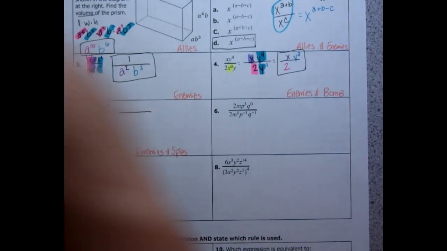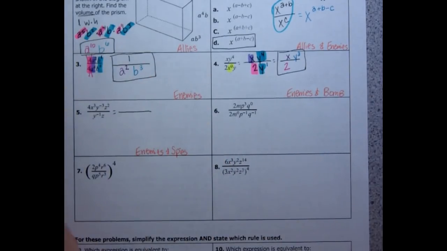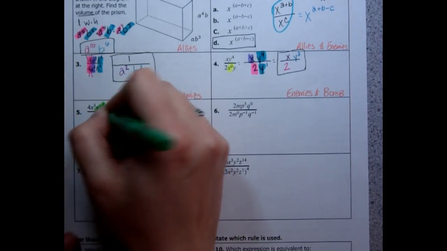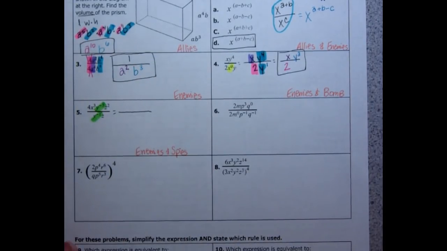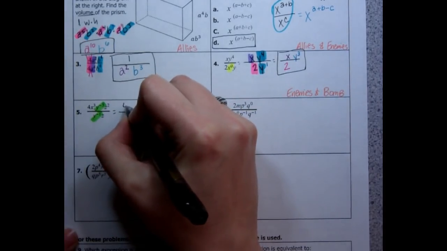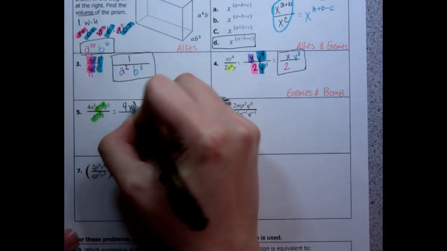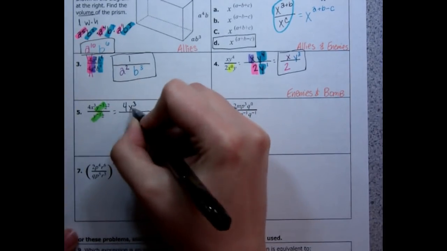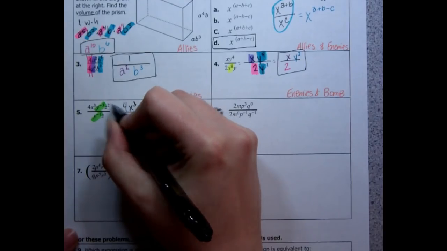So, piece by piece. I'm going to do the spies first. I'm going to do all the spies in green. So anything in green has to move to the other side because it's a spy. It has that negative. 4x to the third is going to stay. 4x to the third. Y to the negative 3 is a spy. Cross the line, move it to the bottom, change the sign.